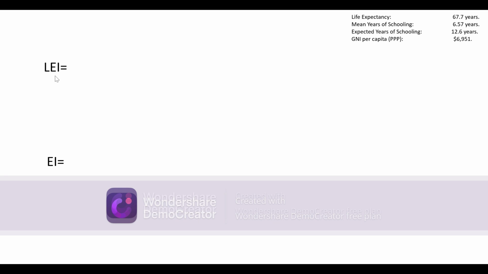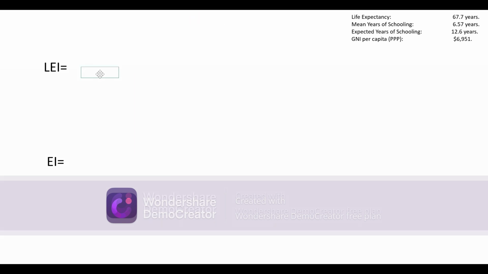Let's see the life expectancy index and look at how to estimate it.